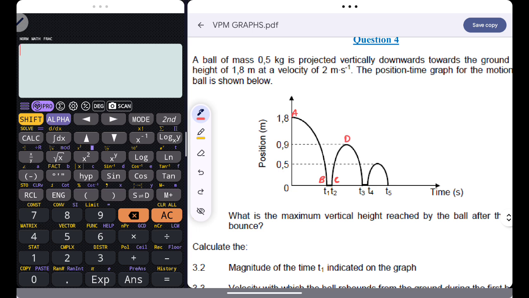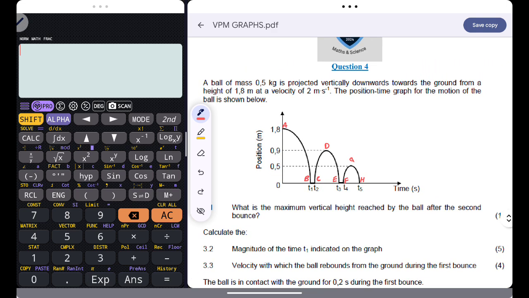Position D, that's when the ball reaches maximum height. Then position E, that's when the ball returns to the ground. Then position F, that's when the ball leaves the ground again. Position G, that's our second maximum height. And position H, that's when the ball returns to the ground. So this is how, guys, you analyze this graph.